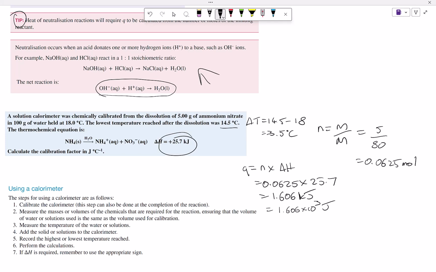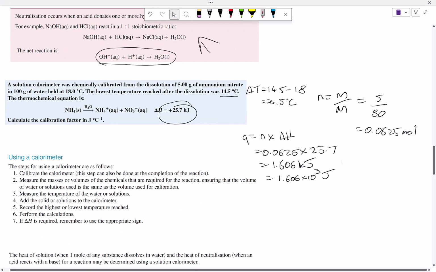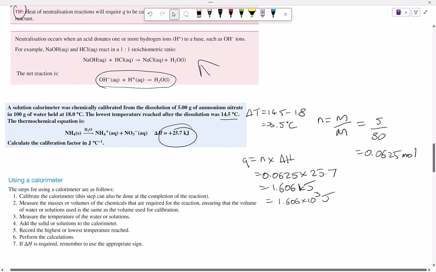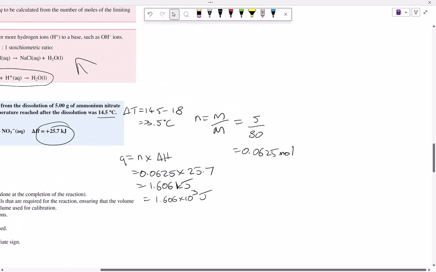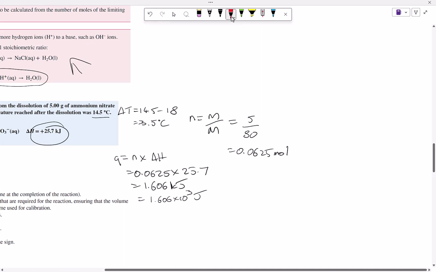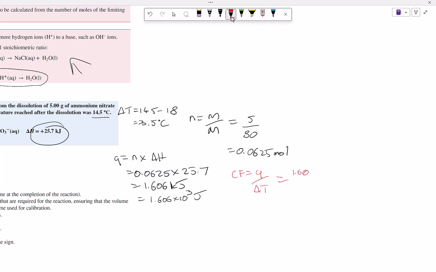We know what the calibration factor is. Okay, let's change color. Calibration factor is going to equal Q over delta T. Q, if you remember, was 1.606 times 10 to the 3, divided by 3.5. We got that before, that was this bit here.